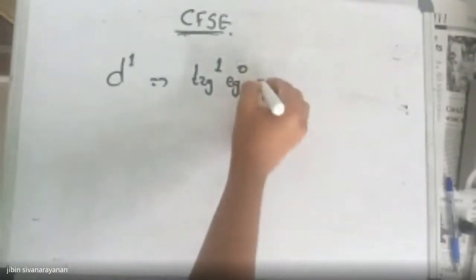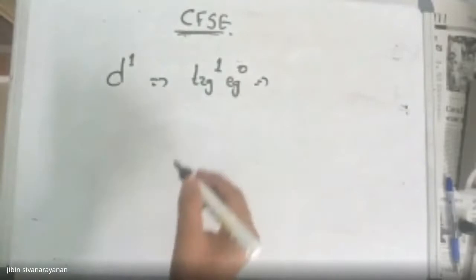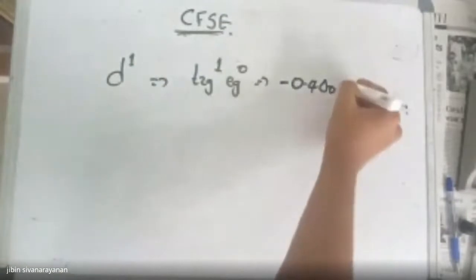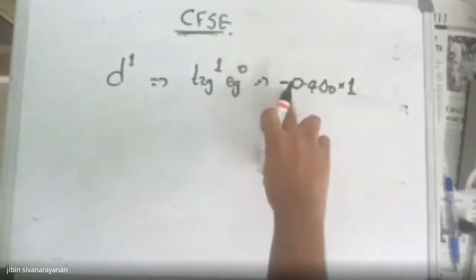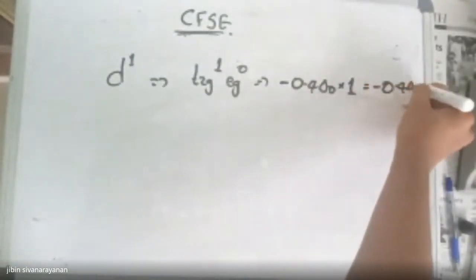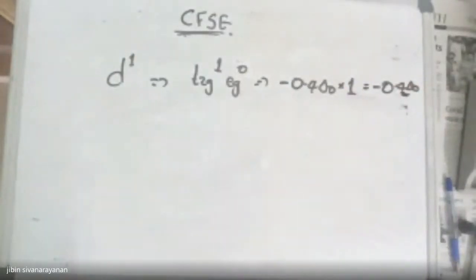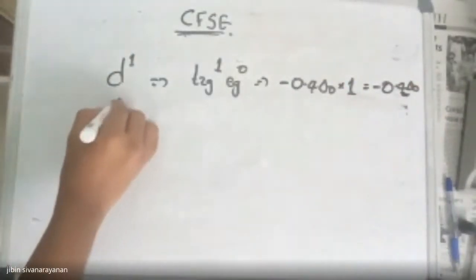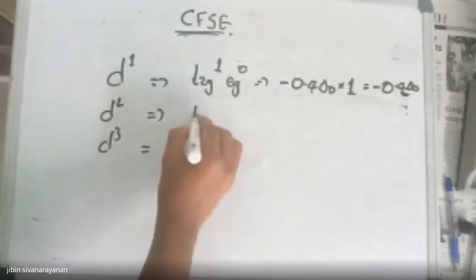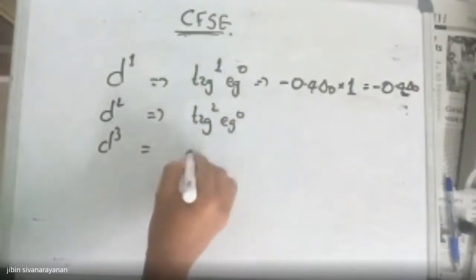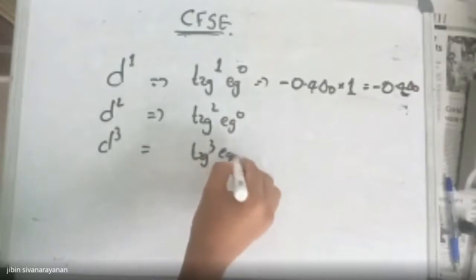So what would be the crystal field stabilization energy? It is minus 0.4 delta O, the stabilization factor, times the number of electrons in the orbital. The t2g orbital is stabilized by 0.4 delta O from the barycenter, and it has one electron, so it is minus 0.4 delta O. Similarly for d2 and d3, you don't need to consider whether it is low spin or high spin: t2g2 eg0 and t2g3 eg0.